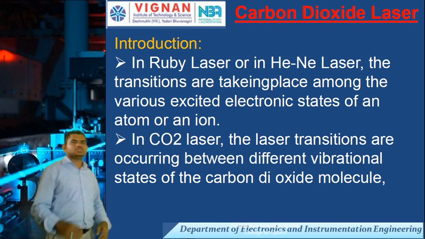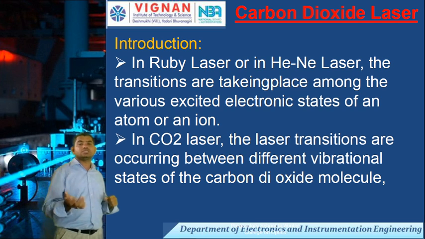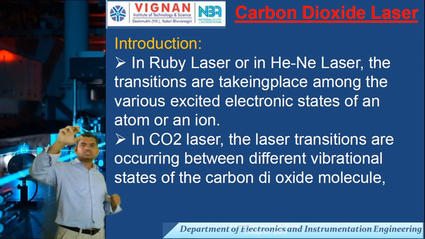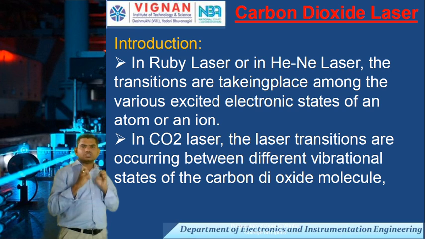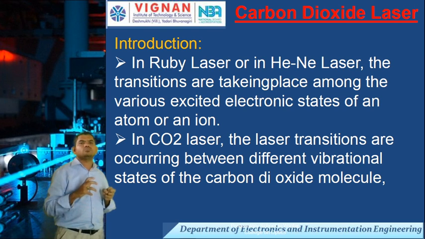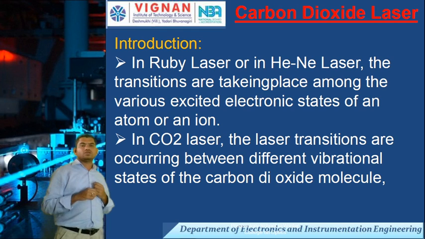But here in this carbon dioxide laser, the transitions occur between the different vibrational states of the carbon dioxide molecules. There the electronic states of the atoms or ions are excited; here the excitation occurs between the vibrations of the carbon dioxide molecules. That is the main difference between the previous lasers we discussed in earlier sessions and the carbon dioxide laser.